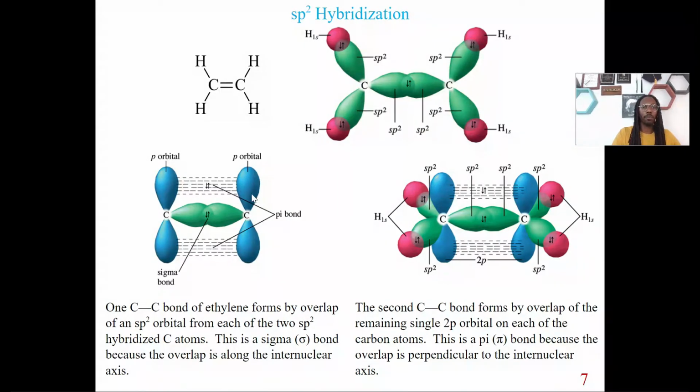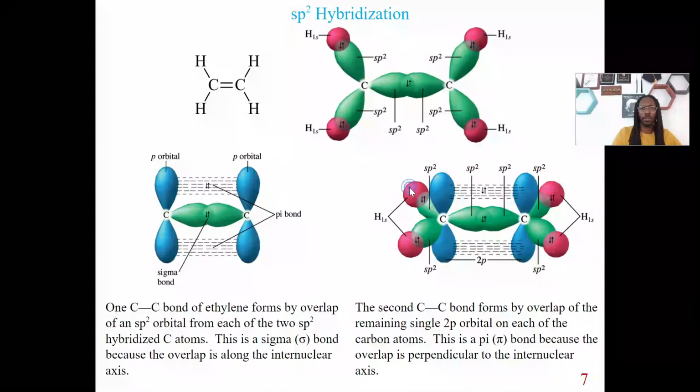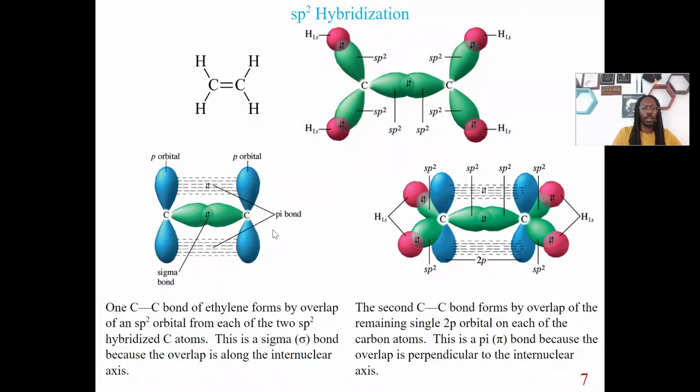Our pi bonds are forming between our p orbitals, because once again we got this extra p orbital. It's unhybridized. So because we got this extra p, I expect to see a pi bond. So this is what we see here with our ethylene.